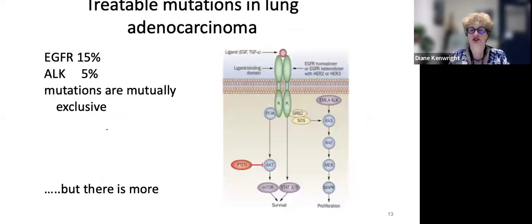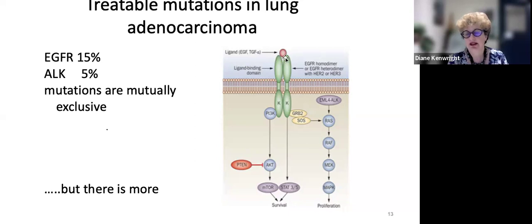So hopefully people will be able to have this test without having a lung biopsy in the future. So why do we do the next generation sequencing? That's because there are treatable mutations in lung carcinoma, particularly adenocarcinoma. And these are the main mutations, right? EGFR and ALK. So let's have a think about this. So this is a standard molecular activation pathway, and it starts here with EGFR, okay?